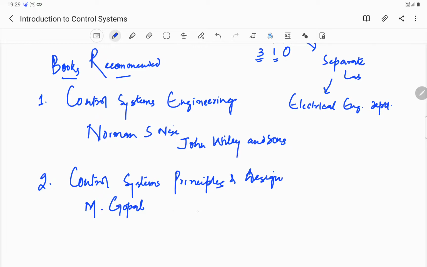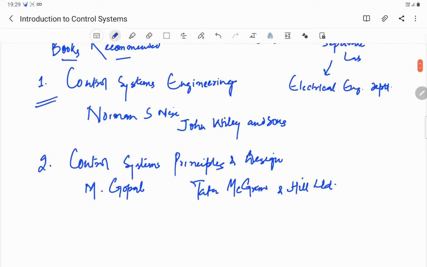This book, so far is concerned, the publisher is Tata McGraw Hill Limited. We'll mostly be using these 2 books, Control Systems Engineering by Norman S. Nise, and the second, Control System Principles and Design by M. Gopal.